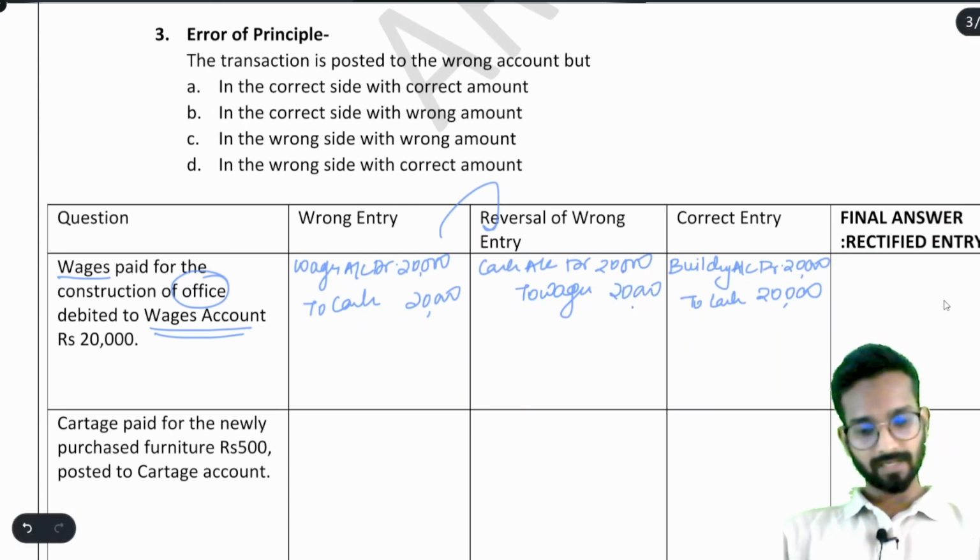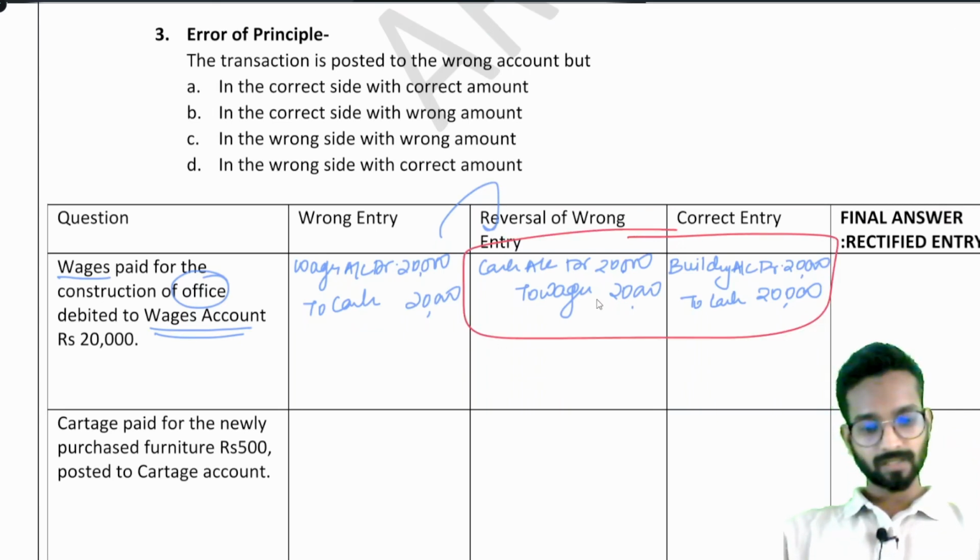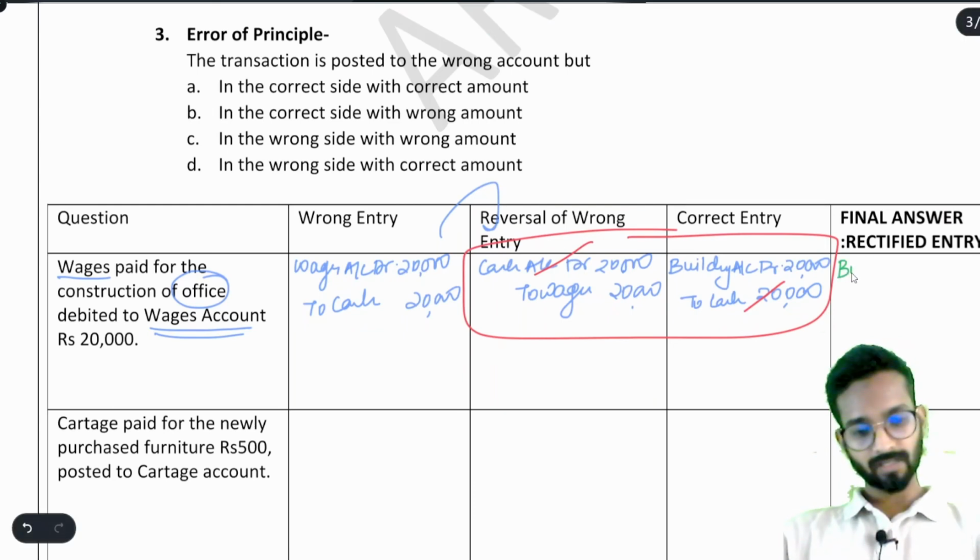Now, add these two entries. Cash will get cancelled and building to wages. So your final answer will be building account debit to wages 20,000.